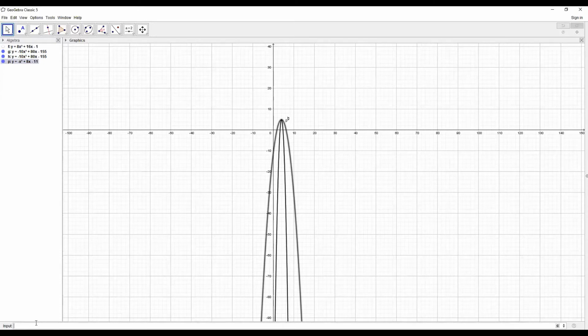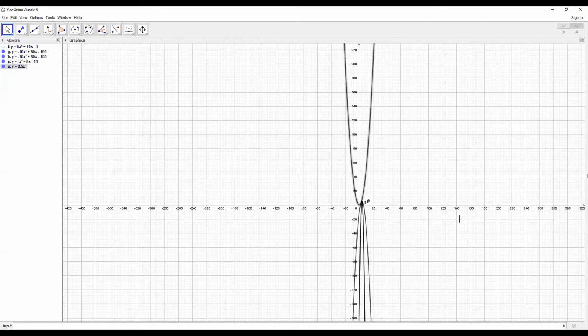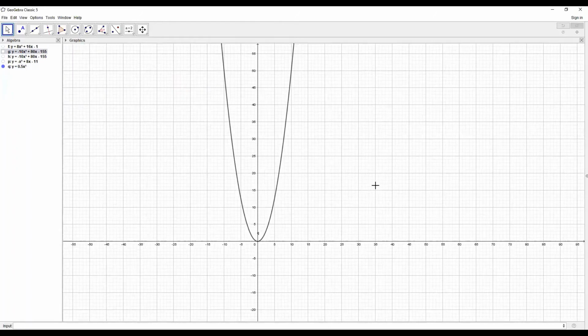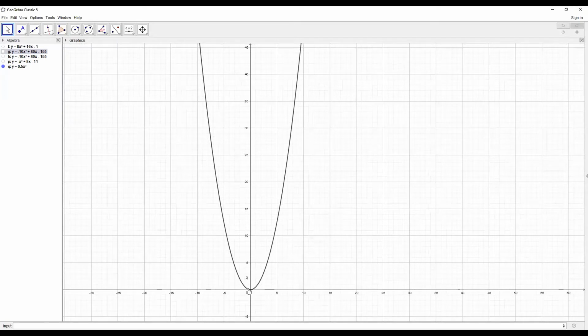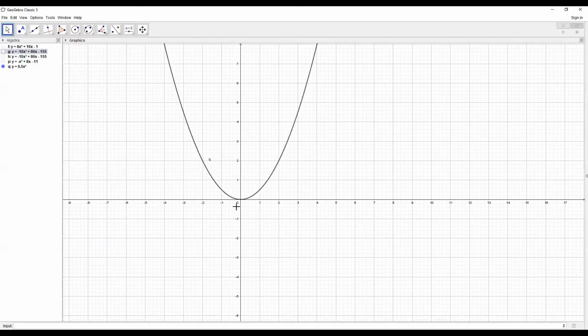If I were to plug in, let's say, y equals 0.5 x squared, and compare that to just y equals x squared, what you'll find is that this is going to be wider. y equals x squared, of course, would pass through (1, 1), which is right there, whereas this one is wider. So let me plug in y equals x squared so you can compare those two.